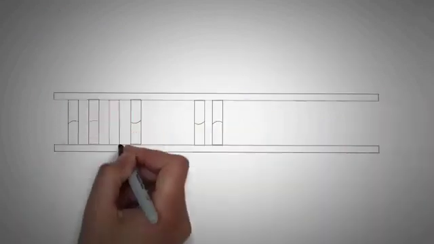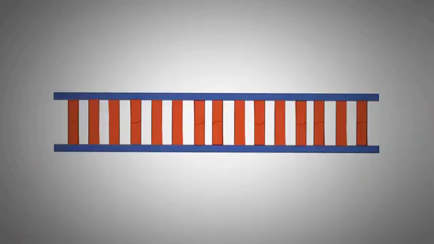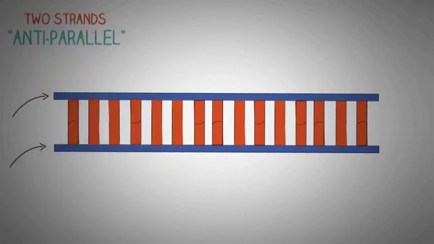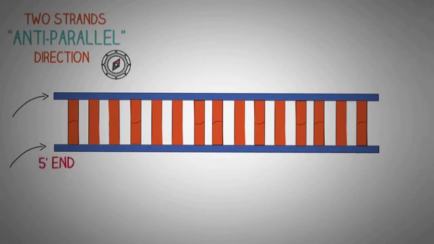Now if you take a closer look at this step-ladder model of the DNA, you can note that it consists of these two strands which are joined together in the center by hydrogen bonds. These two strands run in completely opposite directions to each other, which means they are anti-parallel, and they also have a direction. In DNA we don't have north, south, east or west directions, but we have two ends, a 5' end and a 3' end of each strand.